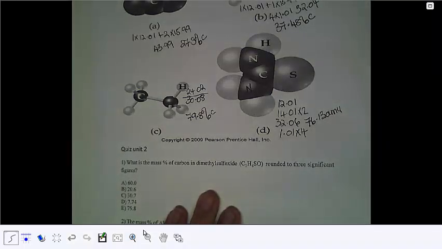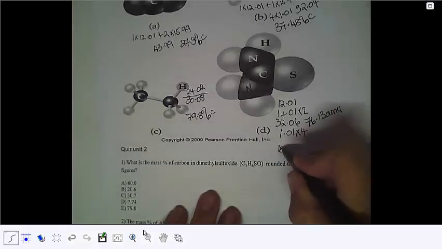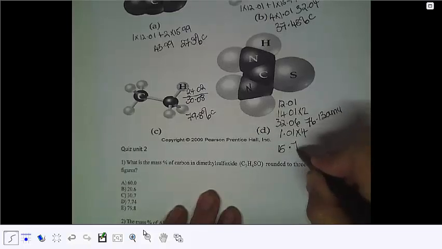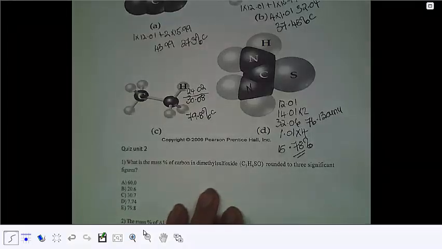Now you're looking for the percentage of carbon, so there's only one carbon atom, 12.01 divided by 76.13 multiplied by 100, and you should get an answer of 15.78%. That was fairly straightforward.